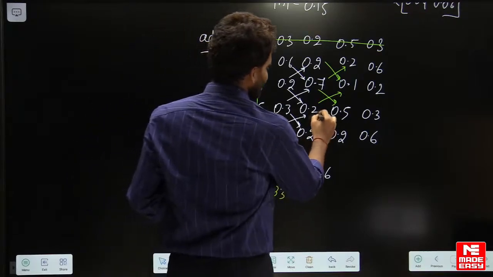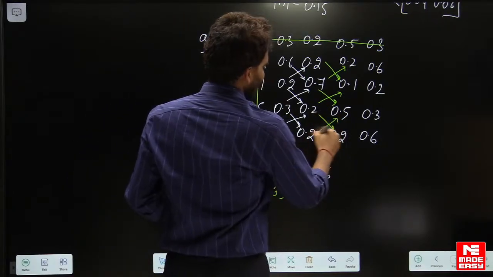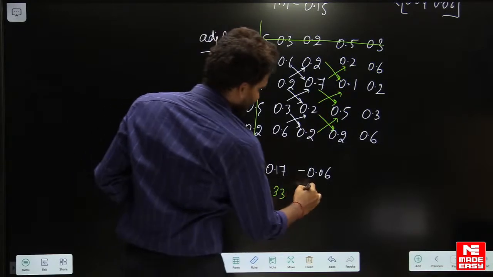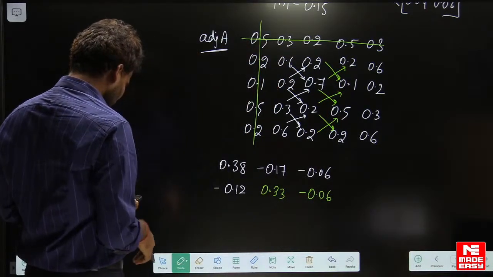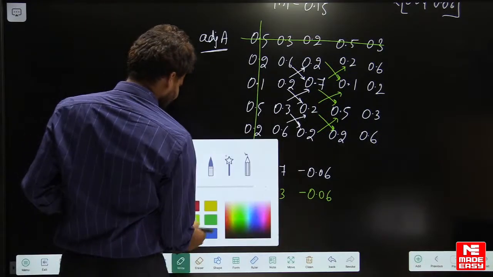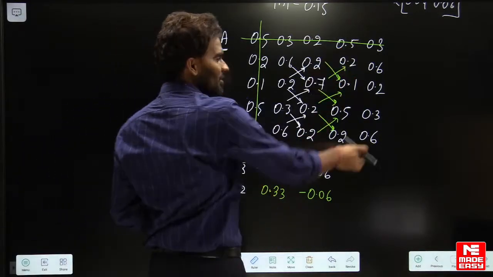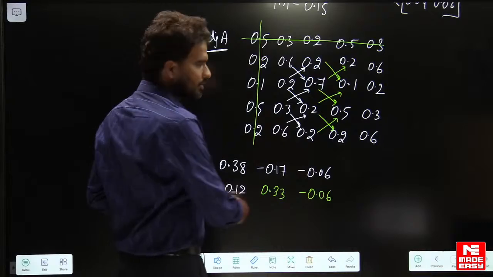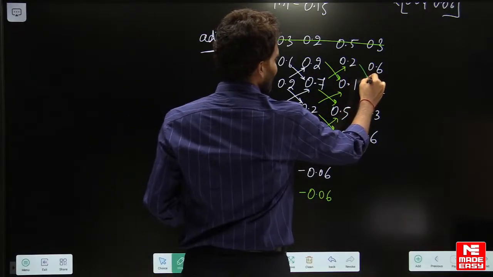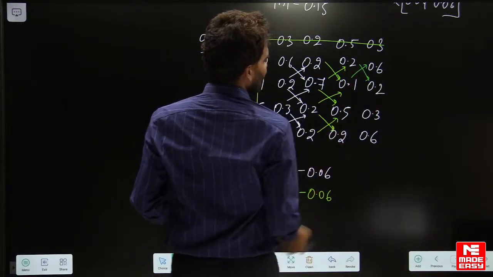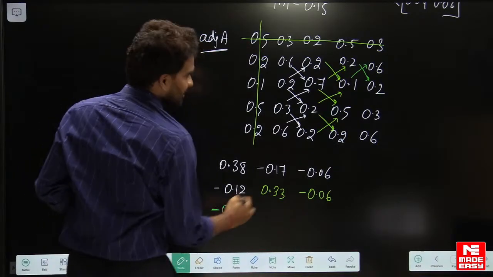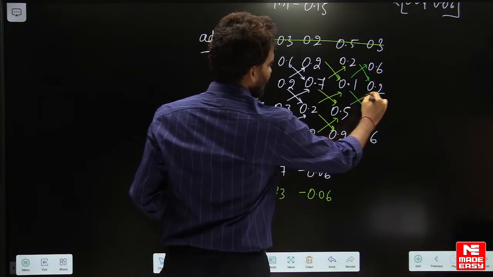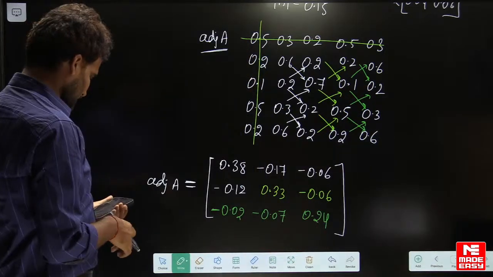Next, this minus this, so 4 minus 10, this will be 6, minus 0.06. Next, do the operation column wise, but write the elements row wise. Then this minus this, 4 minus 6 will be 2, so this is minus 0.02.